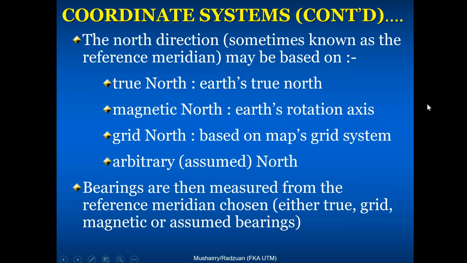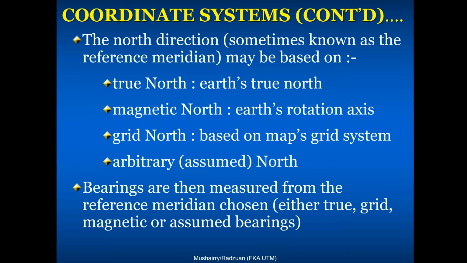Okay, so in order to be able to come up with bearings, we need to know where north is. When we have a coordinate system, the coordinate system has a north direction. So when we have a map, when we're going to plot something out, draw a plan, there are a few choices that we can take, a few norths that we can assume or refer to.